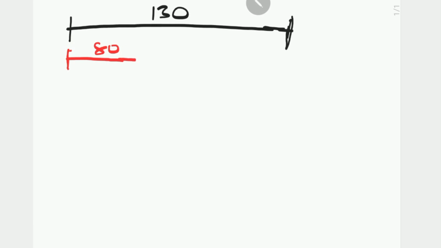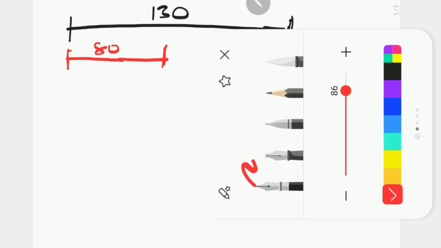Good. And the rest were green and yellow.